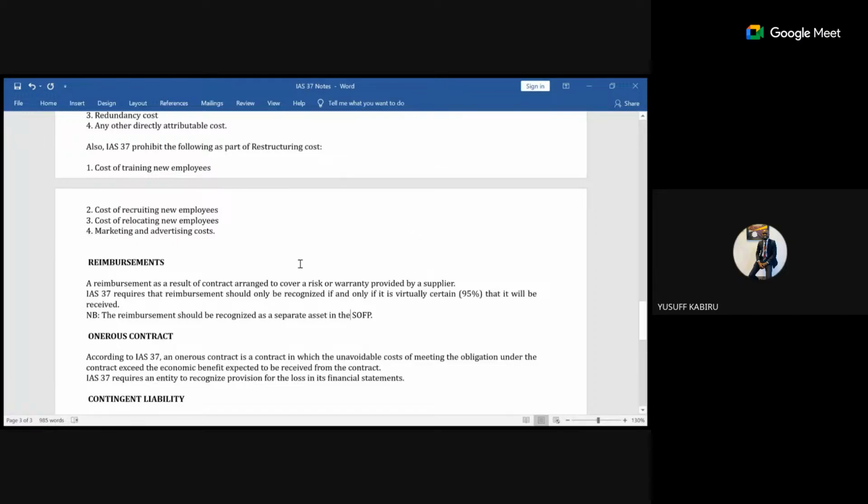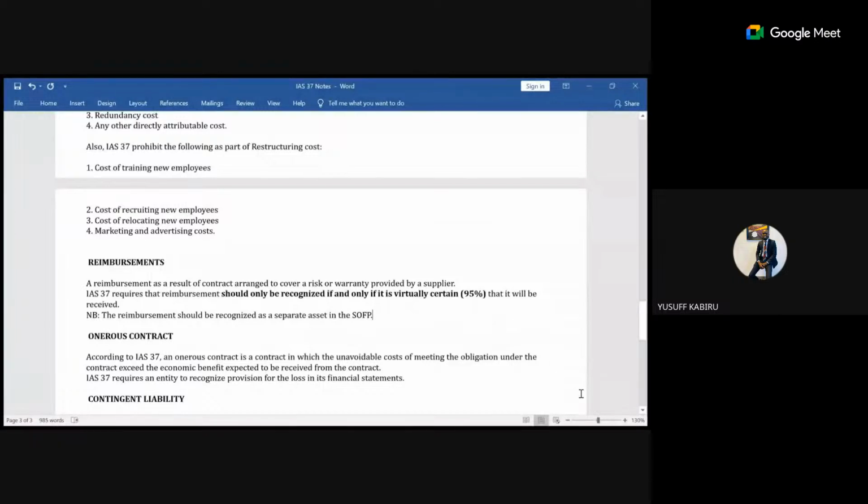So IAS 37 says you should only recognize reimbursement as an asset when it is virtually certain, that is, when it is 75% sure that you will receive that reimbursement. Then you can recognize it, and it should be recognized as a separate asset in the financial statements.